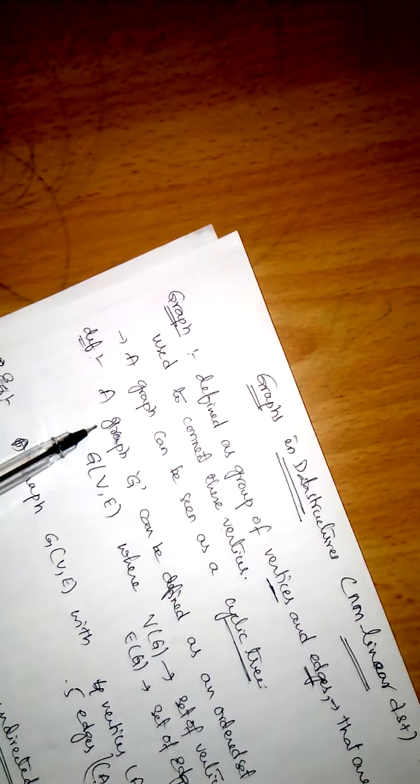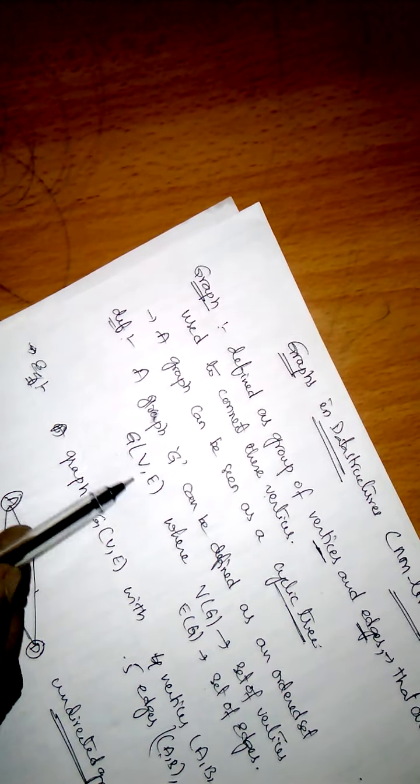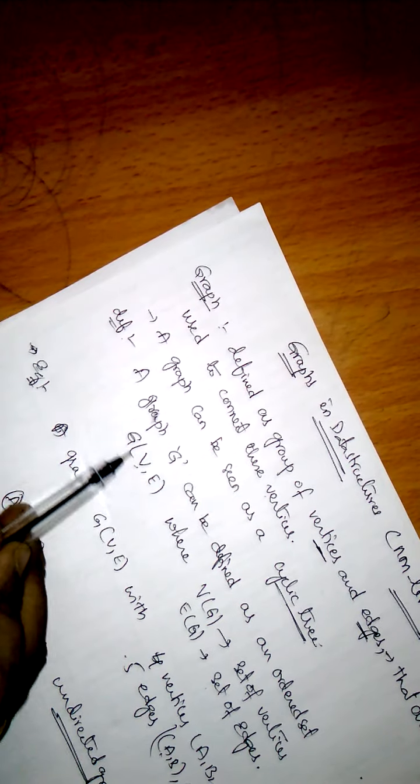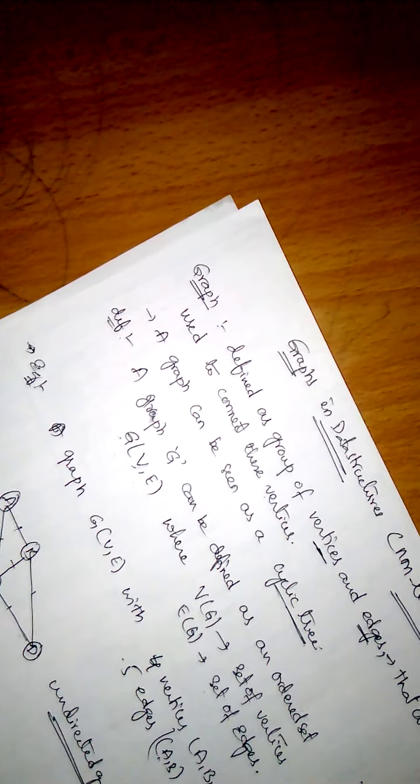Here A, B, C, D are called nodes or vertices, and this is an edge, a connection between two vertices or two nodes A and B. A graph G can be defined as an ordered set of vertices and edges. So how do we represent a graph? G equals (V, E), where V is the set of vertices and E is the set of edges.